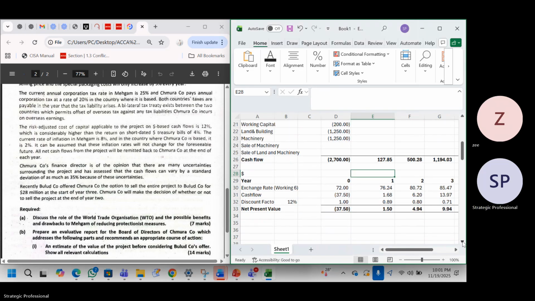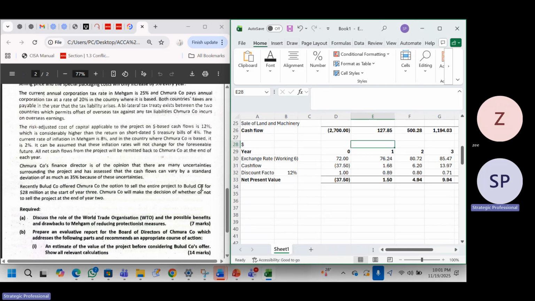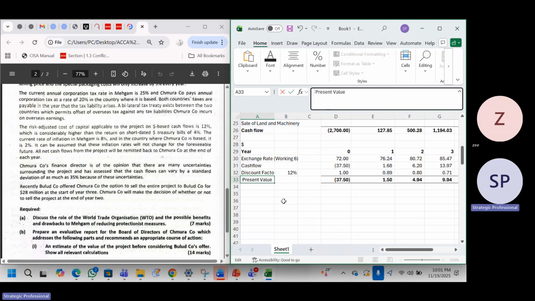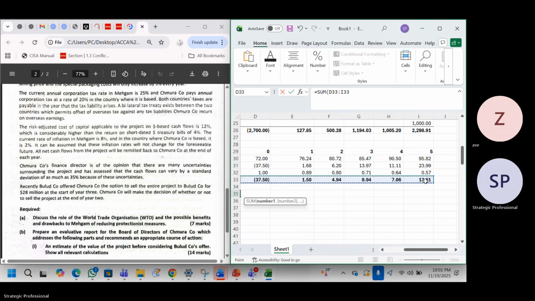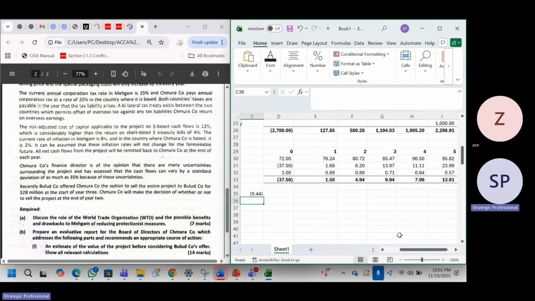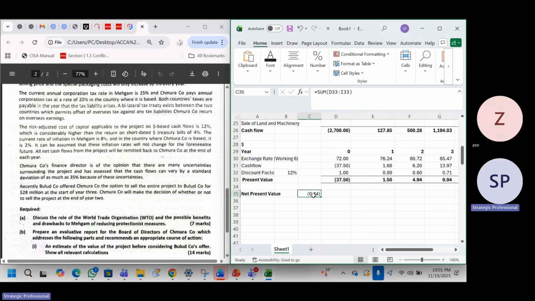This is the present value. Now the net present value is the addition of everything, the summation of this. Is this net present value in dollars or in millions? In dollars, so I make it dollars.